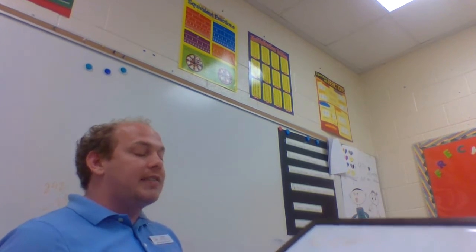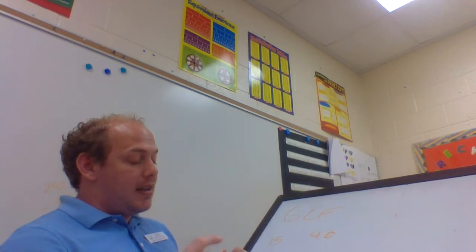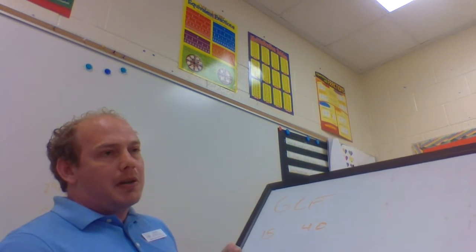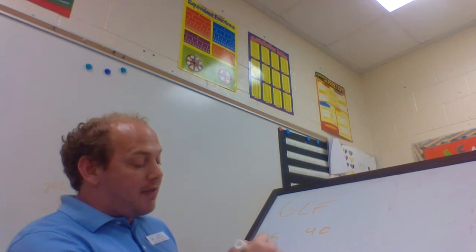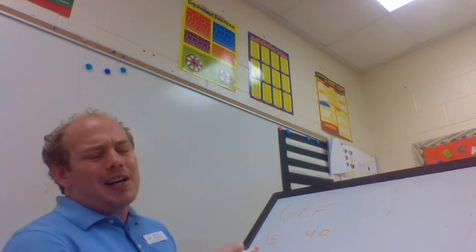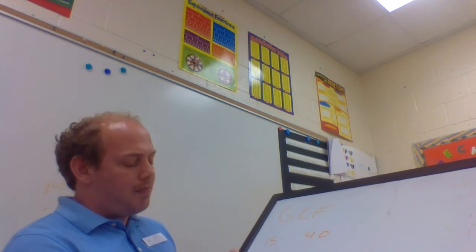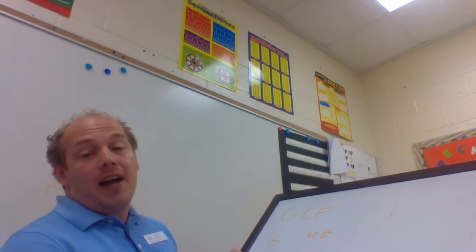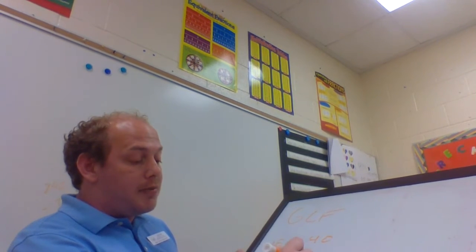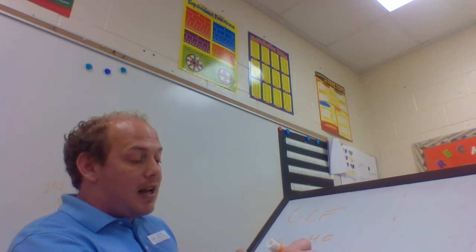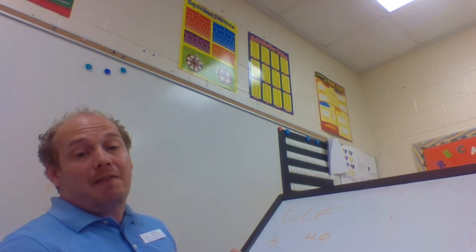So now we're going to list all the factors of 15. So every number in the world has 1 as a factor. So 1 times what equals 15? Right, 15. 1 times 15 equals 15. And remember to leave a little space because you don't know how many factors that the number will have.